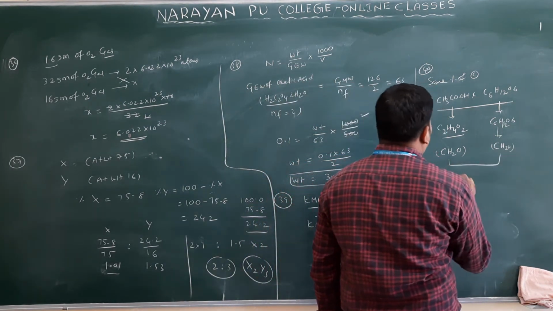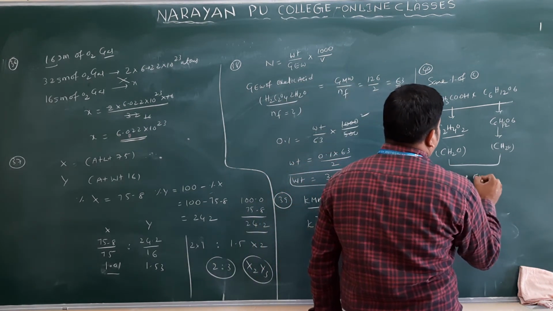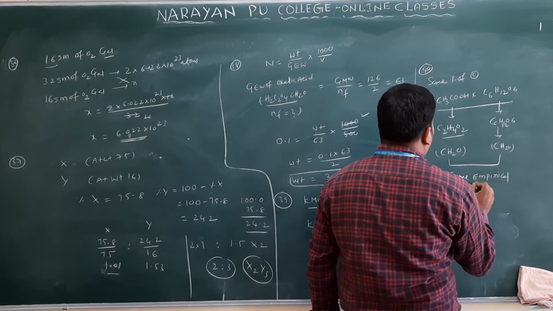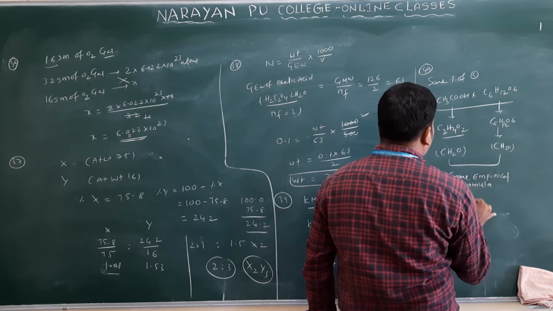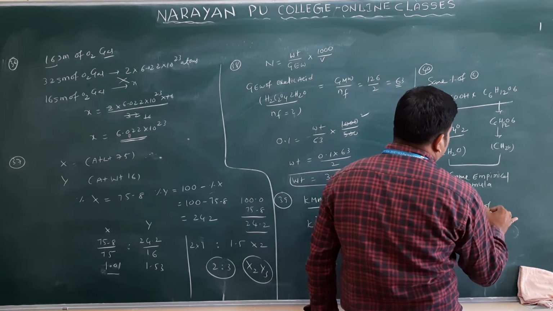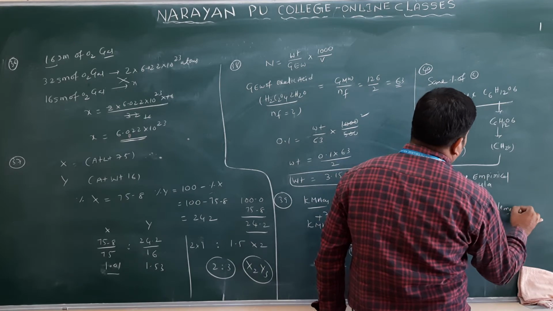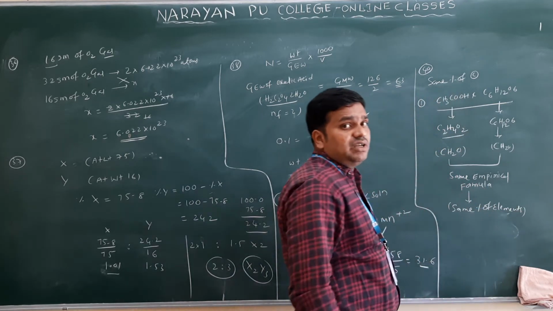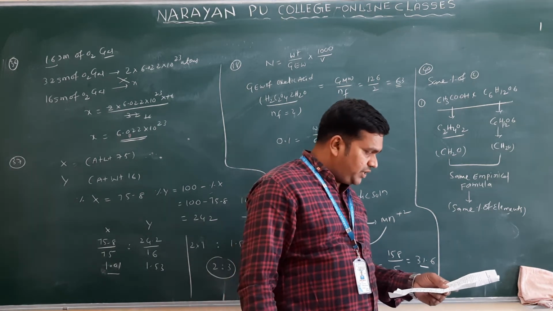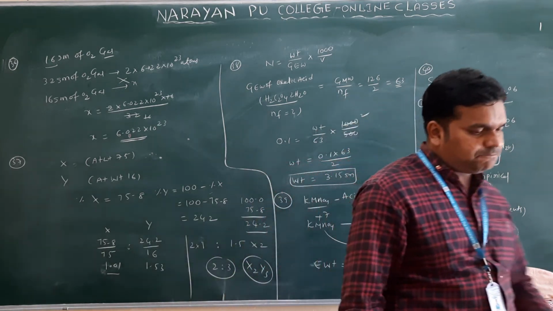These two compounds have the same empirical formula. If two compounds have the same empirical formula, they have the same percentage of elements. So what is your answer? Your option is 1. This is question number 42.